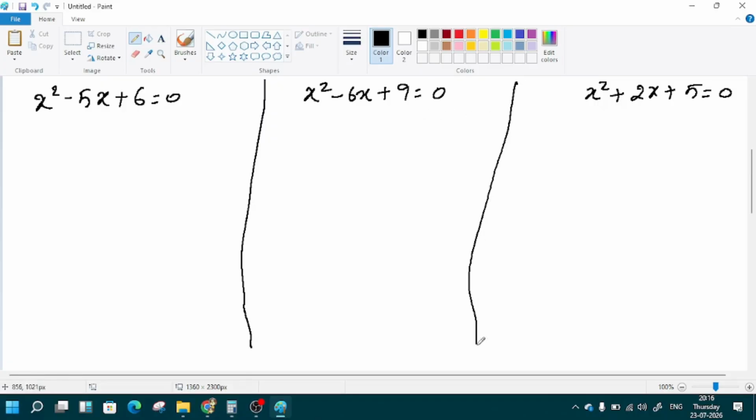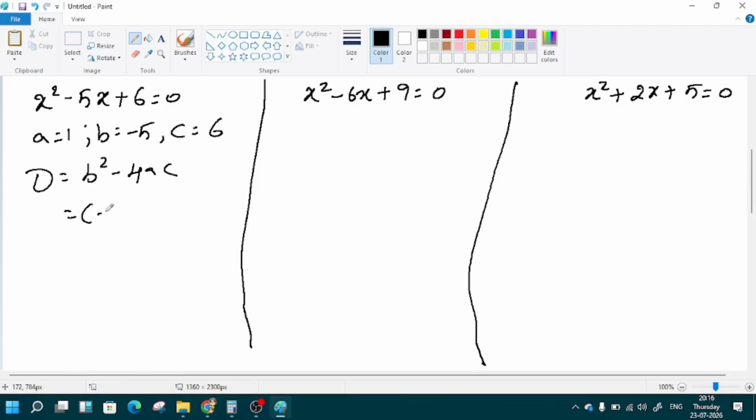So for the first one, a equal to 1, b equal to -5 and c equal to 6. Our D is equal to b square minus 4ac. So b square will be (-5) whole square minus 4 into a, which is 1, into 6, which is c.